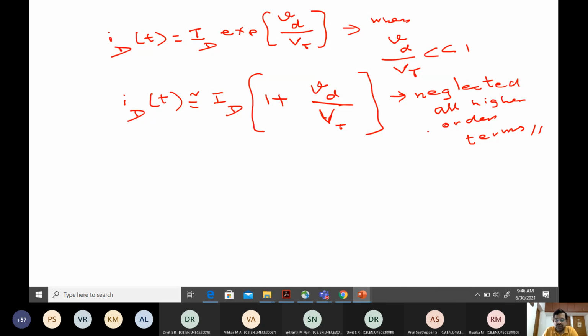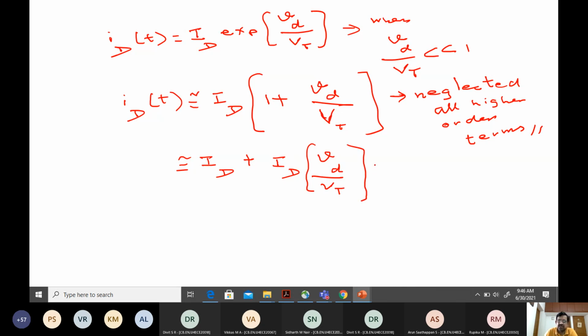Therefore there is justification in neglecting the higher order terms. So this is one equation. Now you look at here, v_d by V_t. This can be rewritten as I_D plus I_D times small signal v_d by V_t.